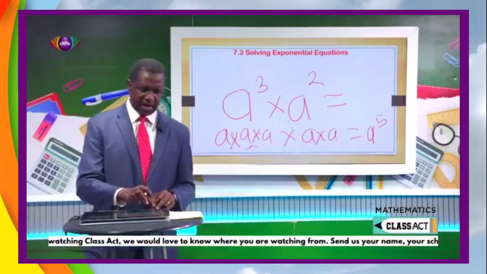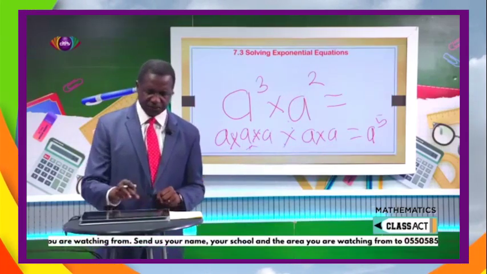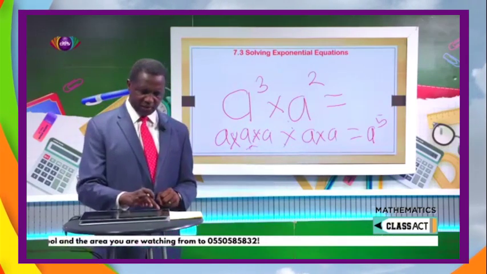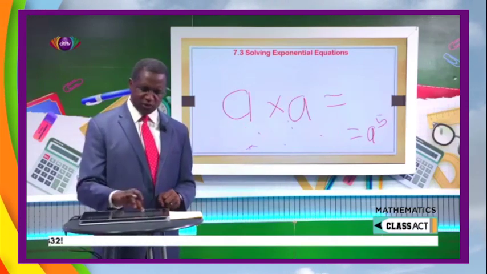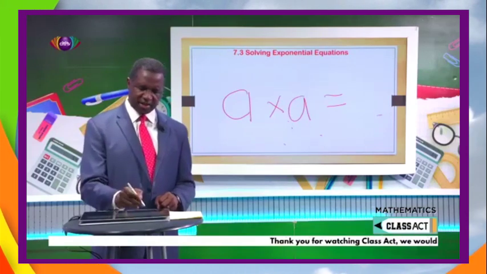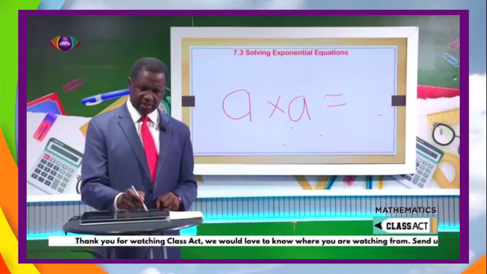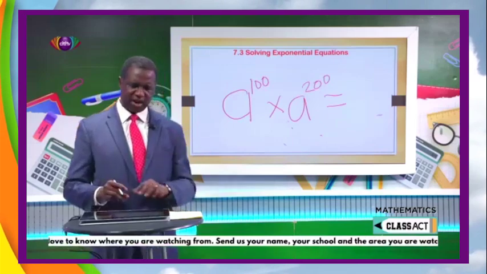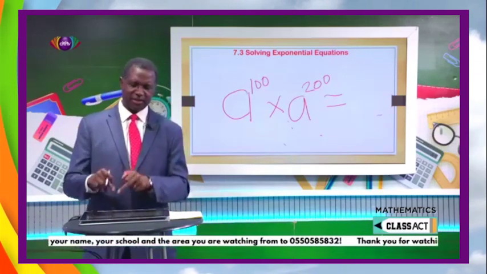So if I have a to the power of 100, and this is a to the power of 200, I don't have to write it down the way I wrote a to the power of 3 as a times a times a.